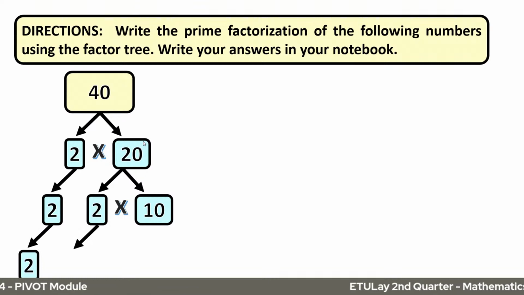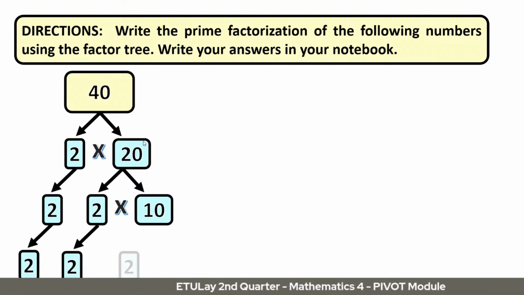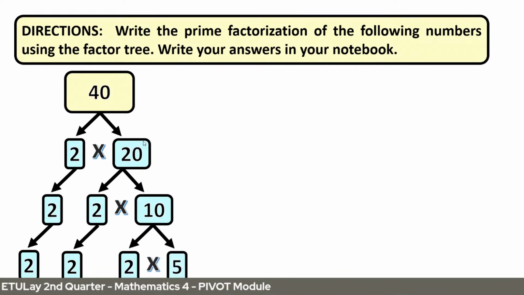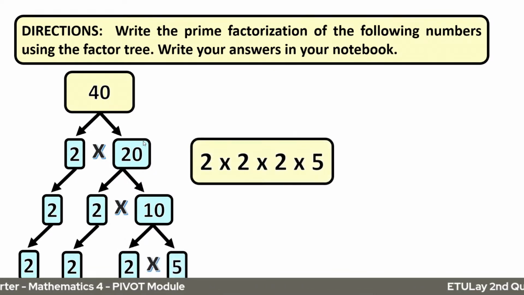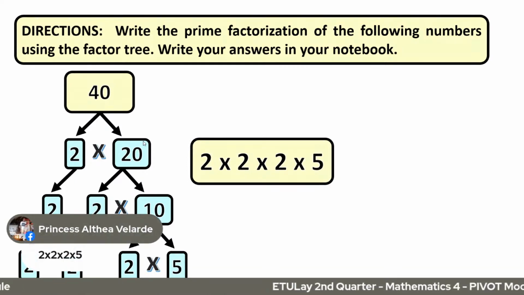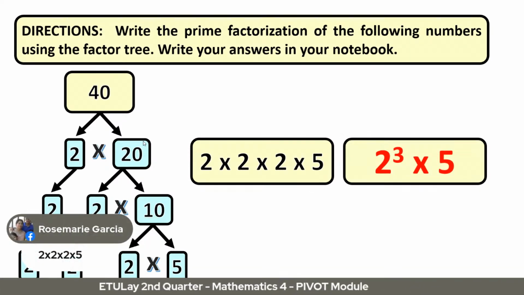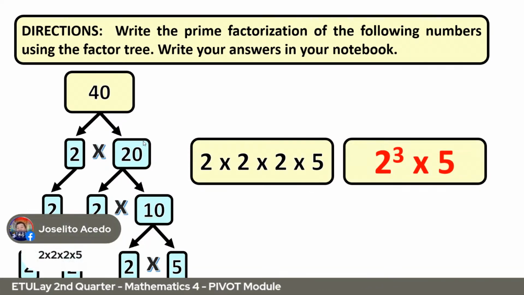We have 2 again as prime, and we need to get factors of 10. So, factors of 10 are 2 and 5. Now, the prime factorization of 40 is 2 times 2 times 2 times 5, or 2 raised to the third power times 5.